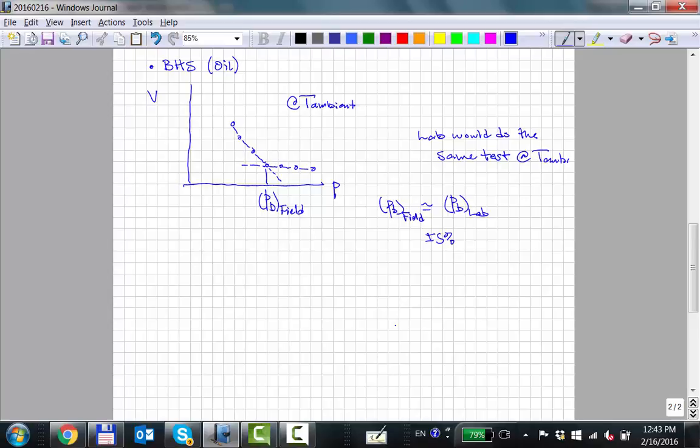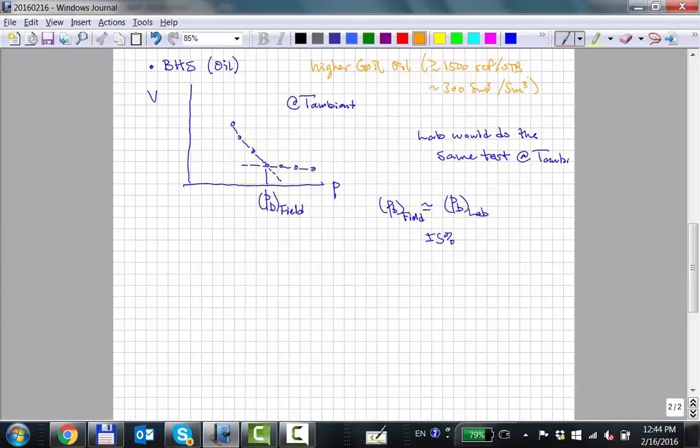This does not work if you have an oil with a high gas oil ratio. It doesn't work for an oil with a high gas oil ratio. I'll draw what it would look like here in the field if we had, I'm going to make it orange, a higher GOR oil, probably greater than about 1,500 standard cubic feet per stock tank barrel, which would be about 300 standard cubic meters per standard cubic meter, if you're into SI units.